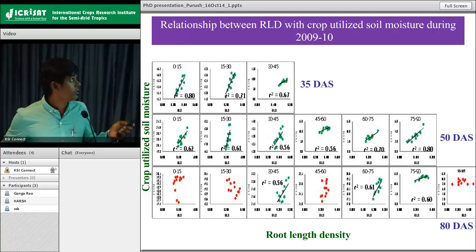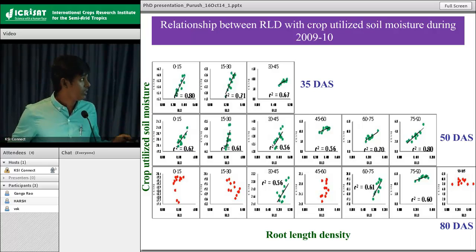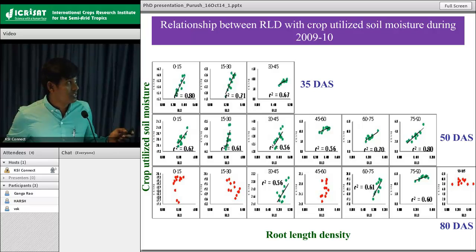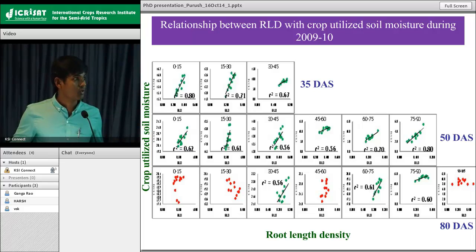in the soil a clear non-association in the initial surface layer at 80 days after sowing, but generally it starts from 35 days itself. And also the freshly extended rooting depth doesn't contribute; the freshly extended root zones were not significantly related with the root length density and crop utilized soil moisture.